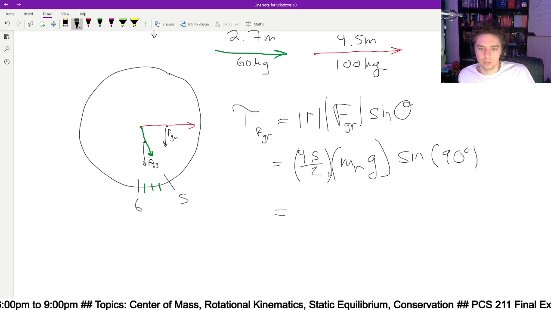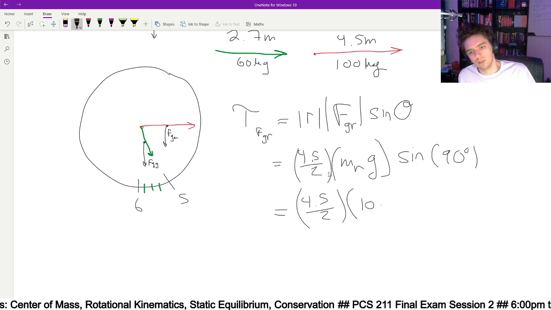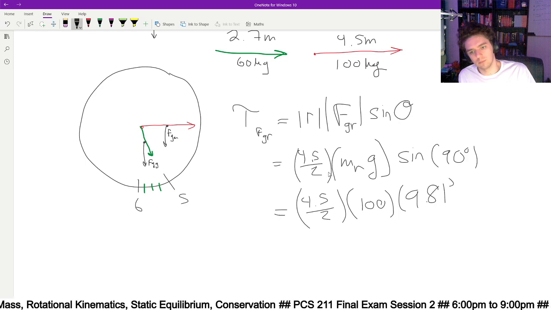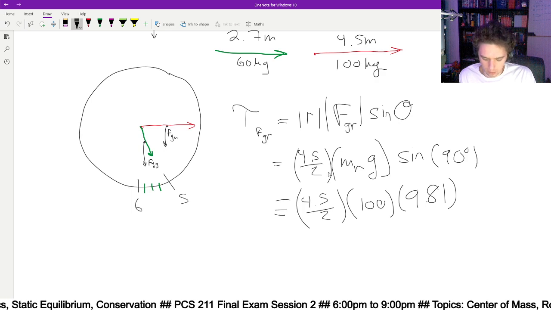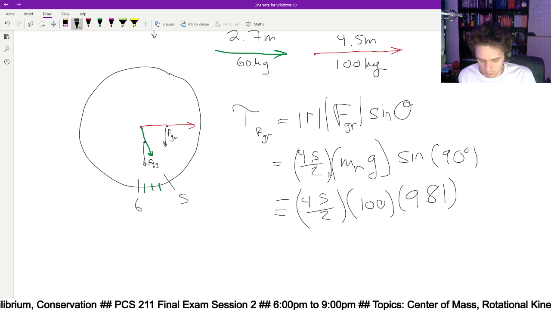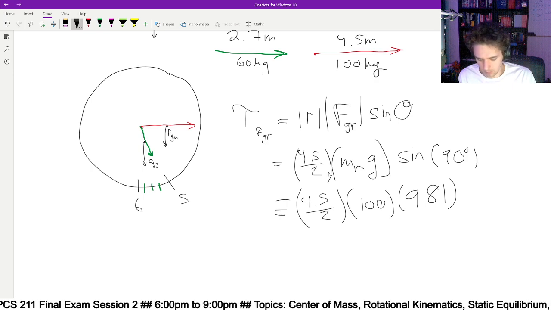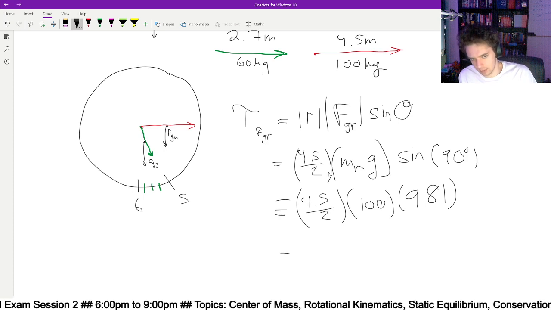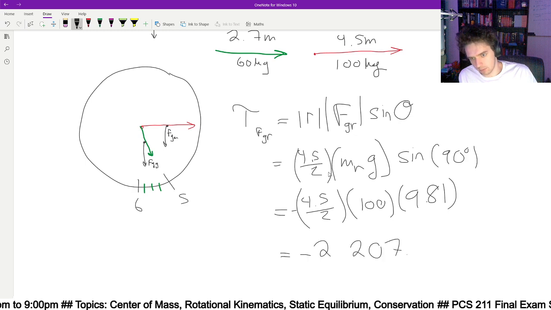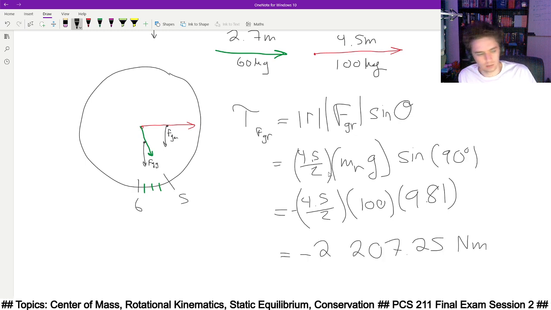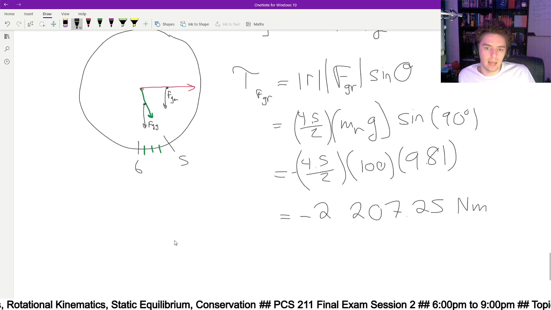So it's 4.5 over 2 times 100 times 9.81. And again, it's going to be negative because it's going in the negative direction. So negative 2,207.25 Newton meters. It's going to be a big number. Okay, so that's the torque done by FGR.